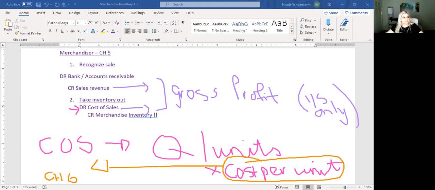All right. So what I would like you to do is really have a strong understanding of how your merchandise inventory T account is calculated. And then also a very strong understanding of the differences between the sales transactions that would be mirrored versus your actual inventory or your supply transactions as the buyer.